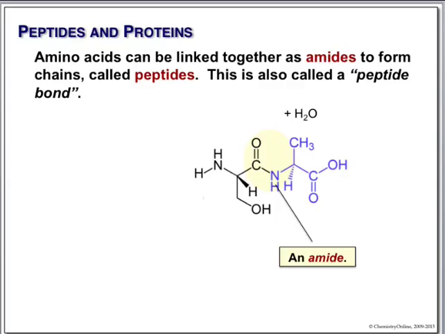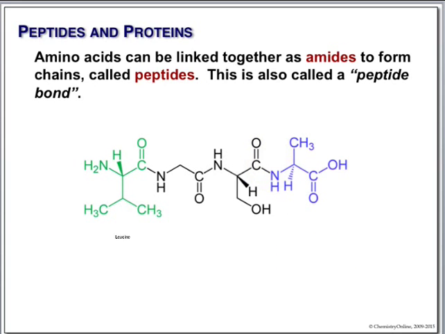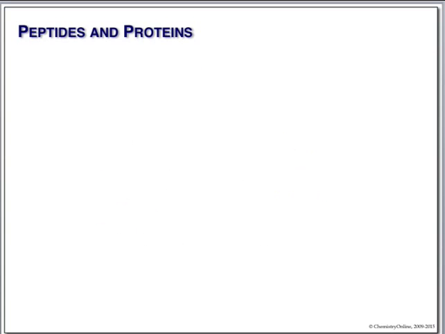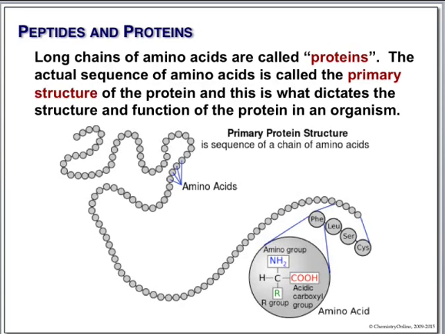Now, this end of the molecule, we have another carboxylic acid. This end, we have another nitrogen. So you can actually continue this chain by sticking other amino acids in. This is a leucine, a glycine, a serine, and an alanine. Put these all together, and that's called a peptide. We make a peptide really long, and we call it a protein.